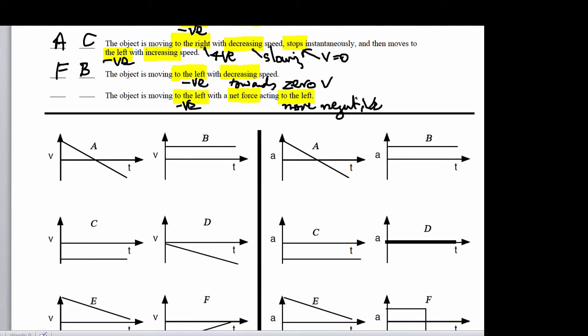So that would be graph D. Yes, that would be graph D. And who wants to tell me what the acceleration, Adam, how about you tell me what the acceleration graph looks like? Because? Right. And we've done it.